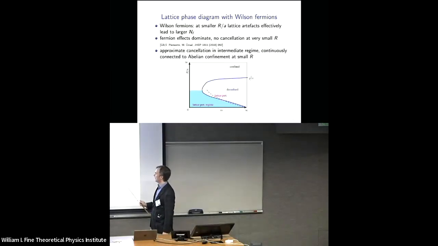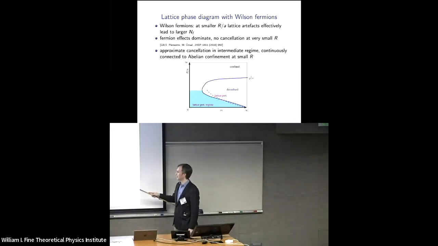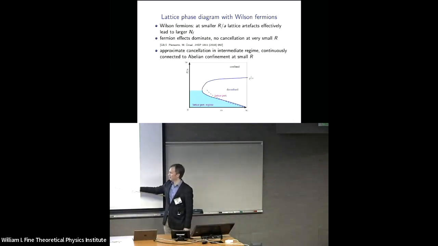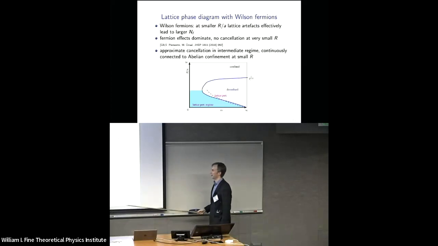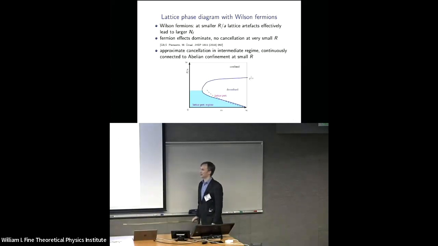We have found the reason for the difference between this continuum expectation and the lattice results in the lattice artifacts which are introduced by Wilson fermions. Basically, if you go along this line here, you reach at a certain point a scale where the lattice spacing becomes non-negligible compared to the radius, and therefore it sees what are called the doubling modes in this Wilson fermion formulation.